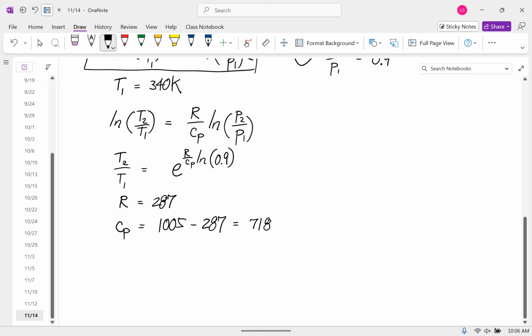Okay, so T2 over 340 is equal to e to the power of 718 times the natural log of 0.9.